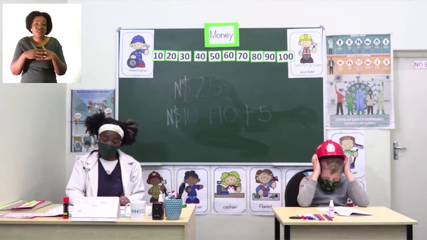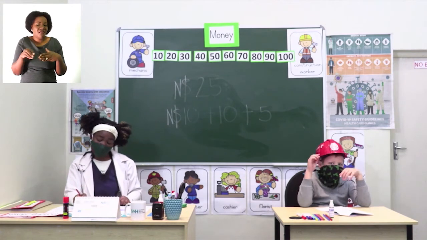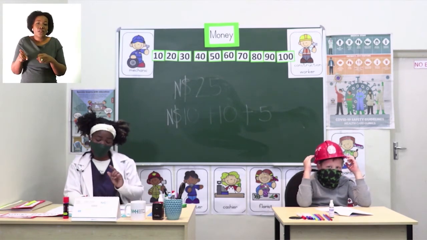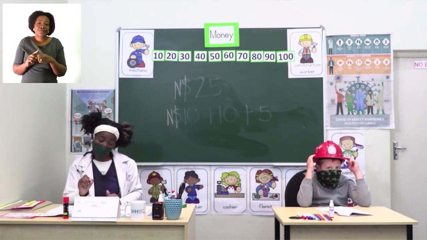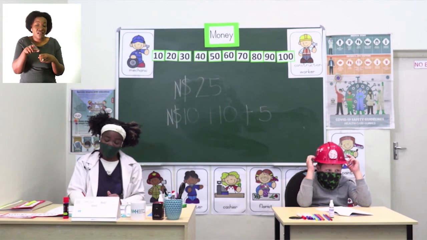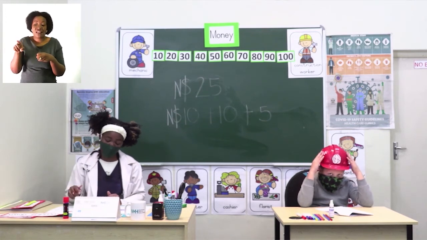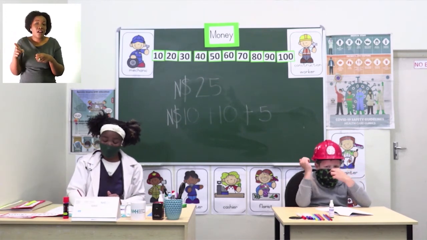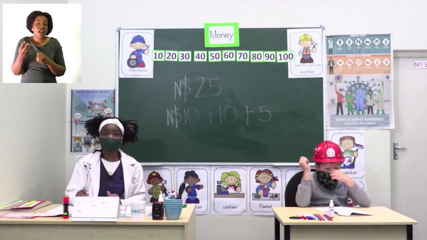And then we have 2 circles there for the coins. So we can put a $5 in the first circle and a $1 in the next one, which will give you the total of $6.